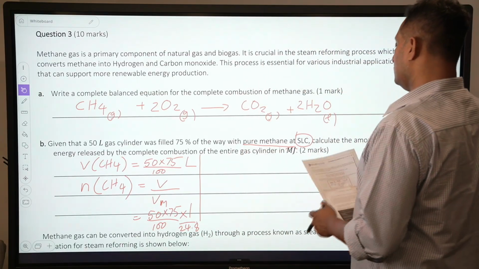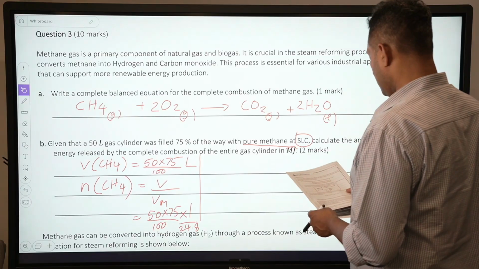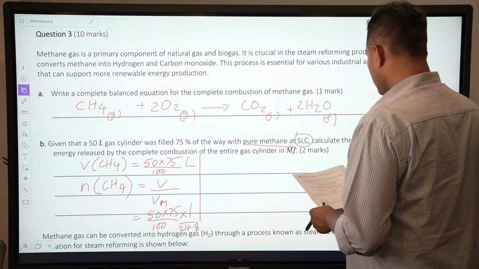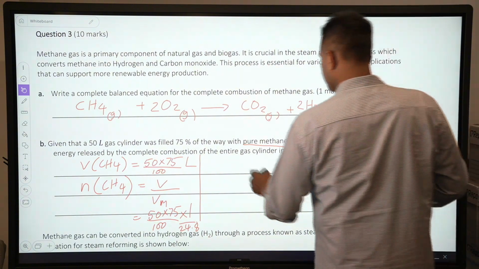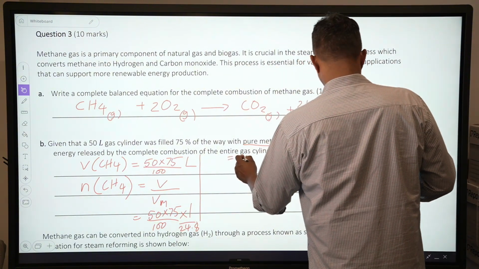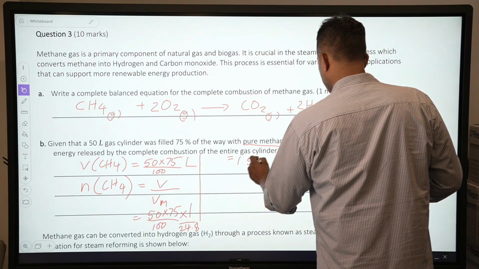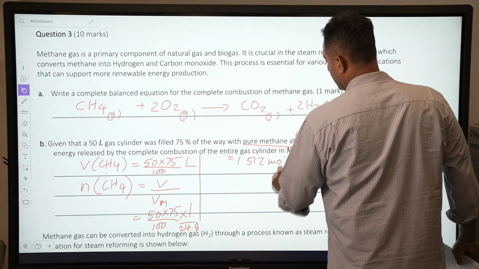That will give you the number of moles of the methane, which is going to be 1.512 moles.